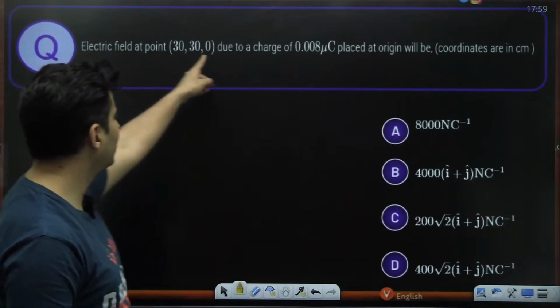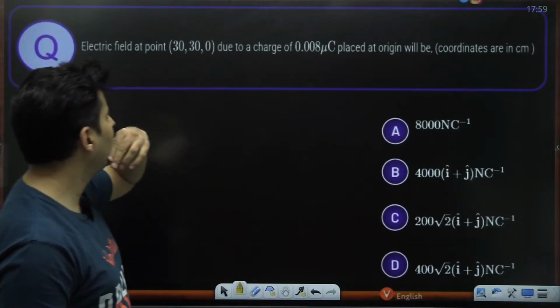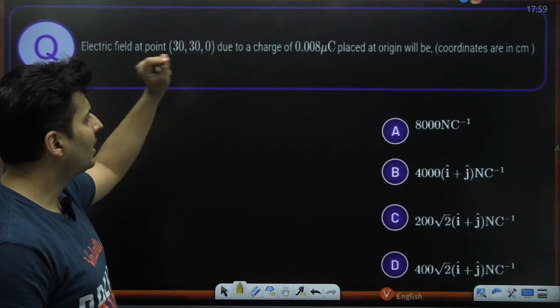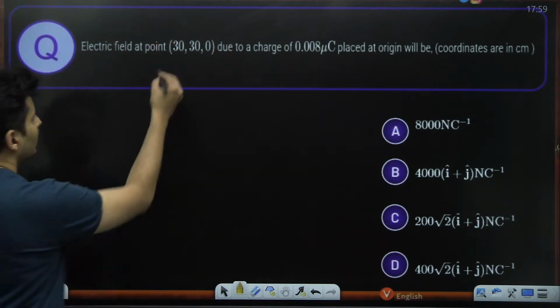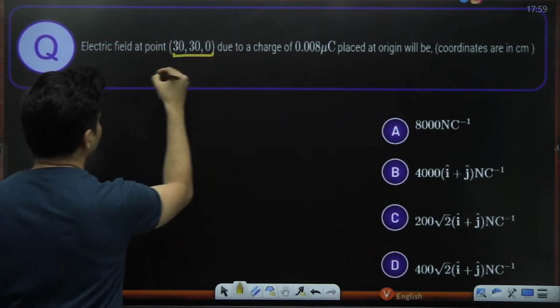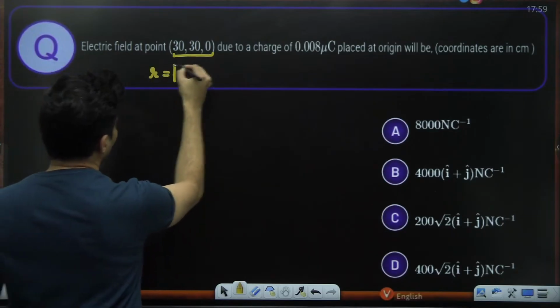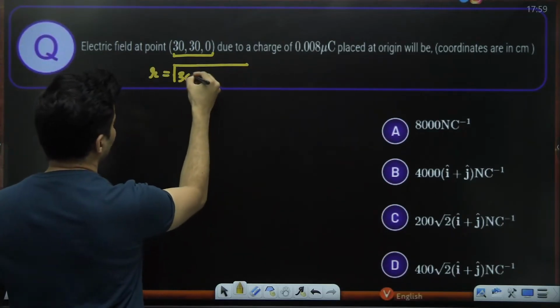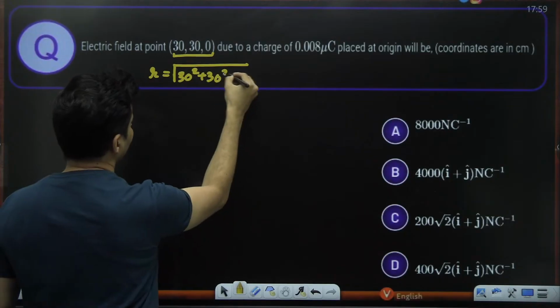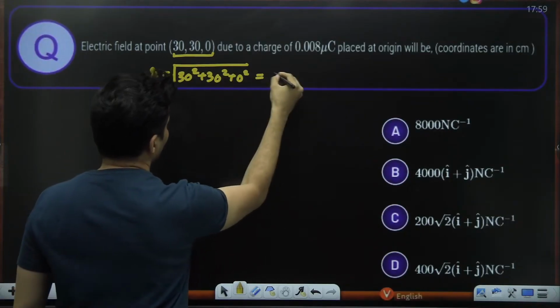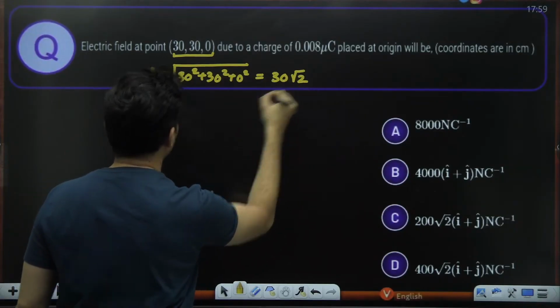Electric field at the point (30, 30, 0) due to the charge is how much? First of all, these coordinates easily give me the distance from the origin, which is root of 30 squared plus 30 squared plus 0 squared. 30 is common, so it will be 30 root 2.